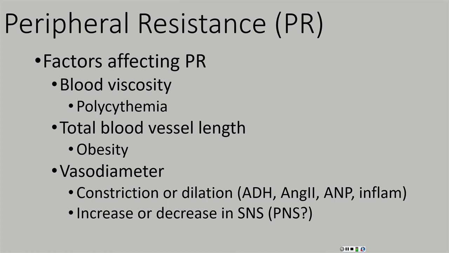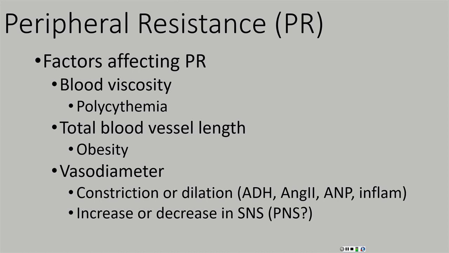Well, we've talked about stroke volume, and we've talked about heart rate, and we're going to come back and talk more about them in our next lecture. But there's still one more factor that affects blood pressure that we have not talked about, and that's peripheral resistance. So now we're going to start talking about the stuff on the right-hand side of that chart.